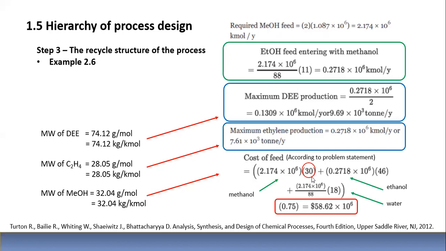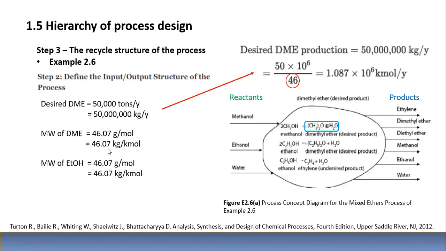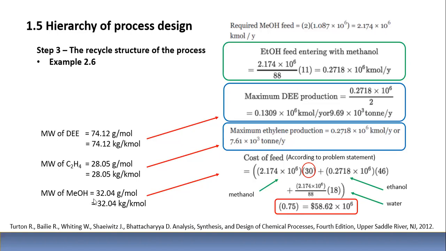This is the molecular weight of methanol. 0.2718 is the amount of ethanol entering with methanol, as we saw. 0.2718 times 10 to the 6 times the molecular weight of ethanol, which is 46. The molecular weight of methanol is 32, but they just rounded to 30, plus the amount of water.